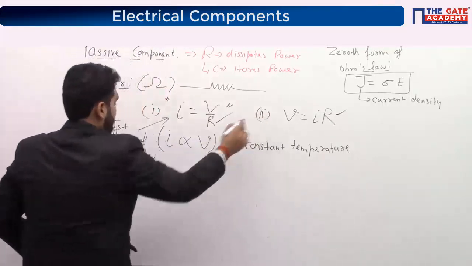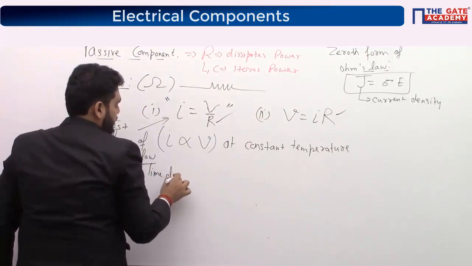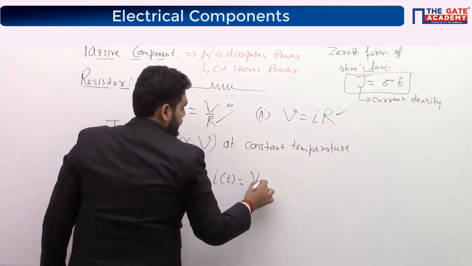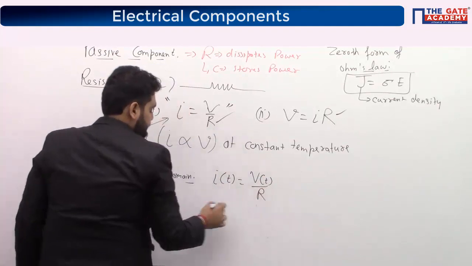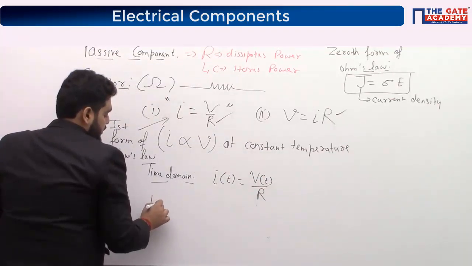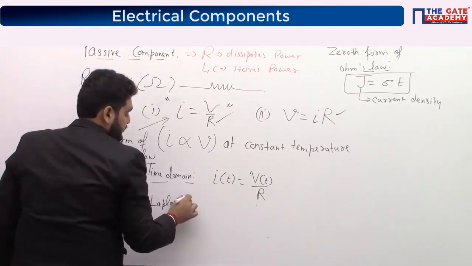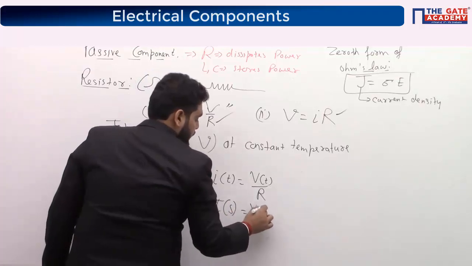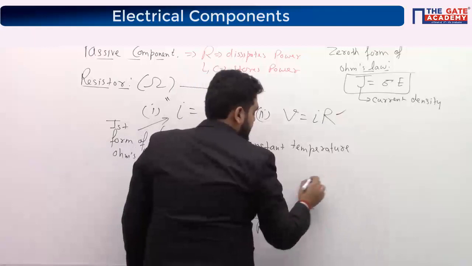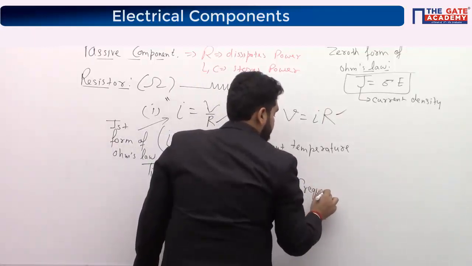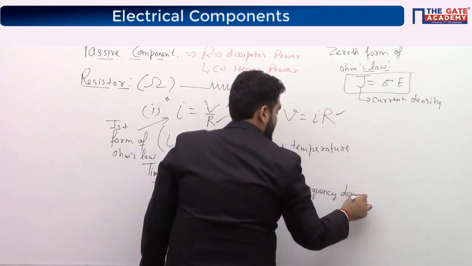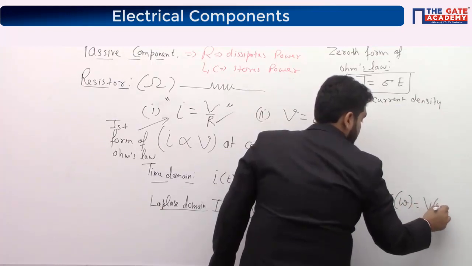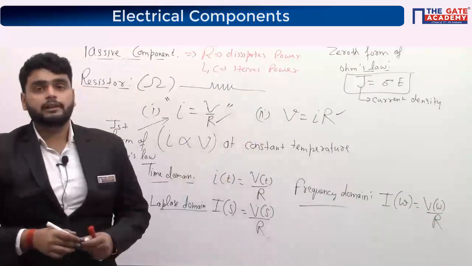If I'm talking about the time domain, current is equal to V(t) divided by R. In the case of the Laplace domain, I(s) is equal to V(s) by R. And in the case of the frequency domain, I(omega) equals V(omega) by R. So these three domains we use in networks.